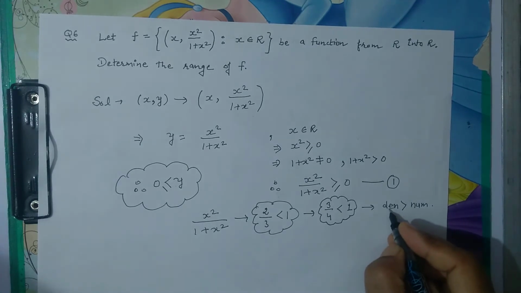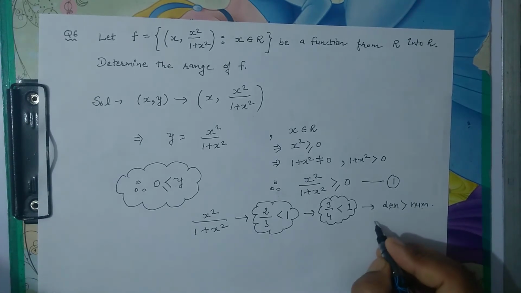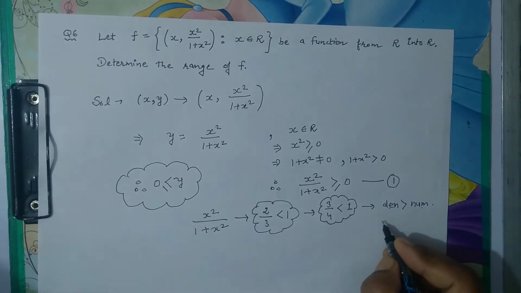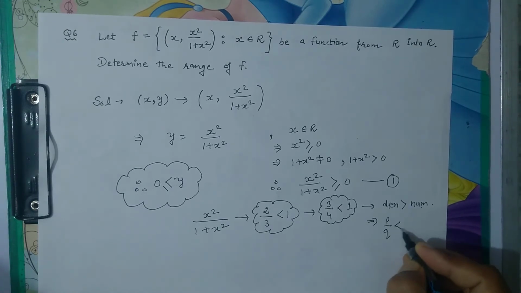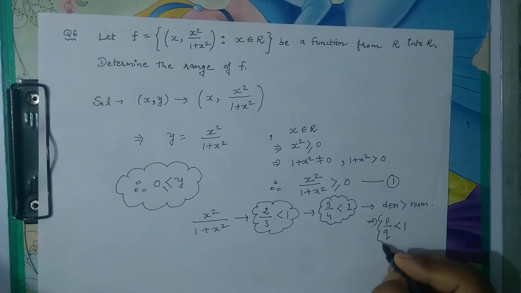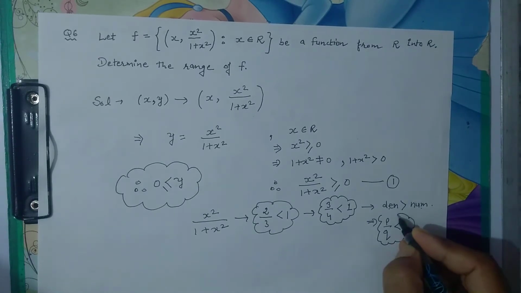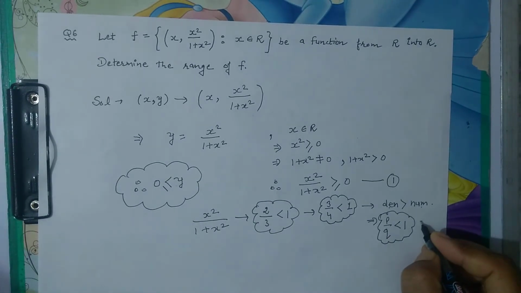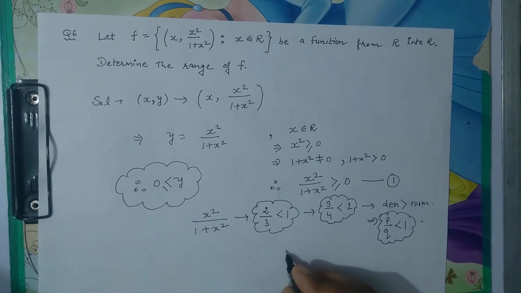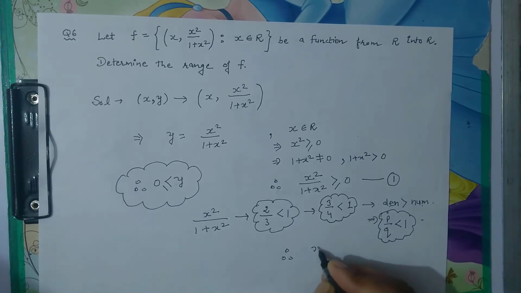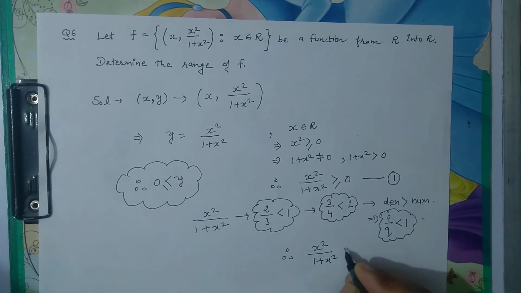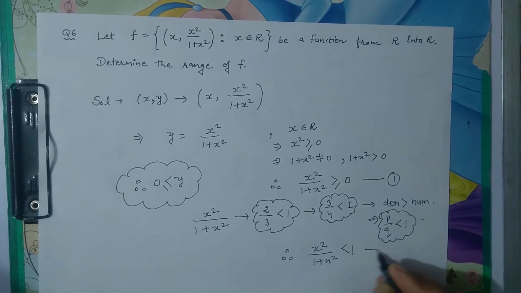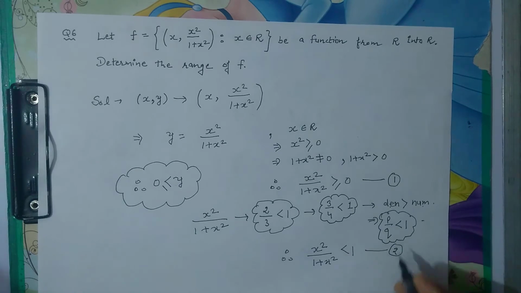If denominator is greater than numerator, it means fraction p upon q is always less than 1. Okay, so what we are saying here, x square upon 1 plus x square is less than 1. This is number 2.